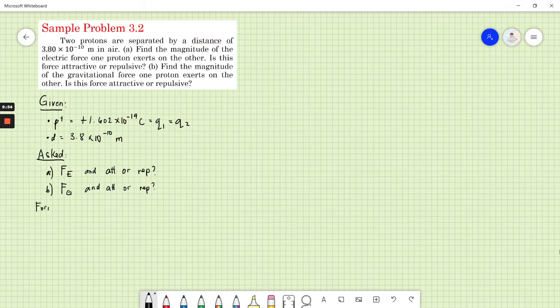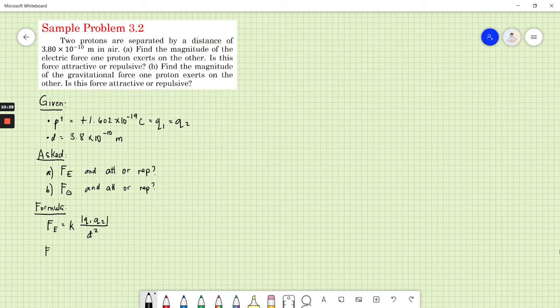write the formula that we have to use in order for us to answer each of these questions. Okay, so for Fe, the electric force, we want to use Coulomb's law because we are dealing with charges. So we know that Fe is equal to K multiplied by the absolute value of the product of Q1 and Q2, which are both protons, divided by d squared.